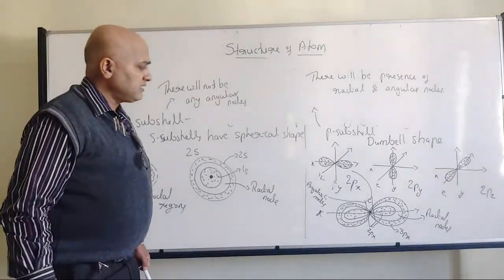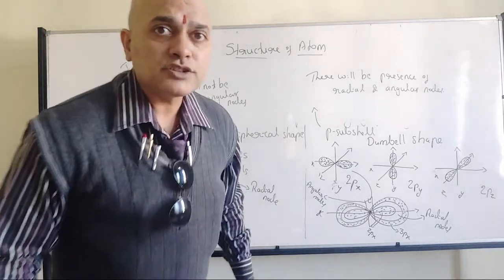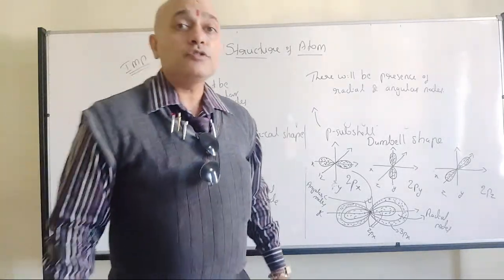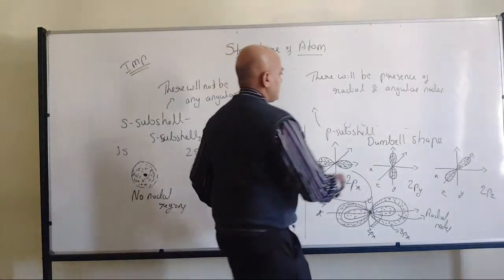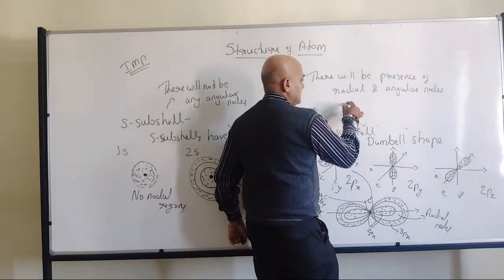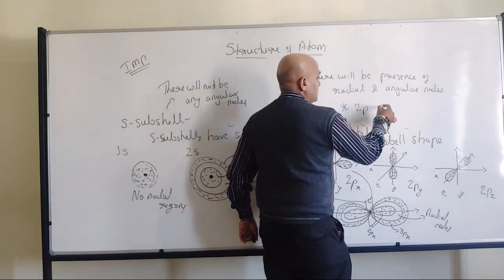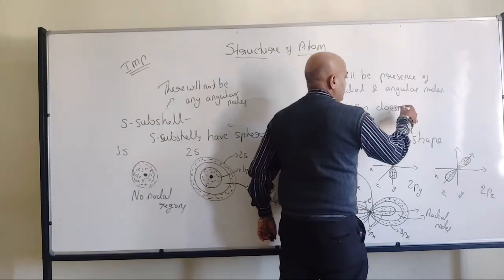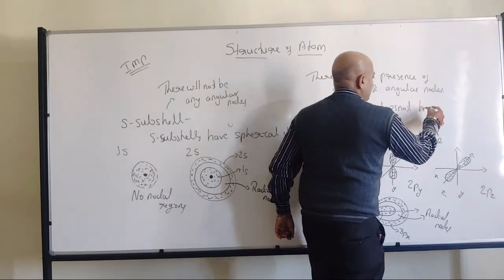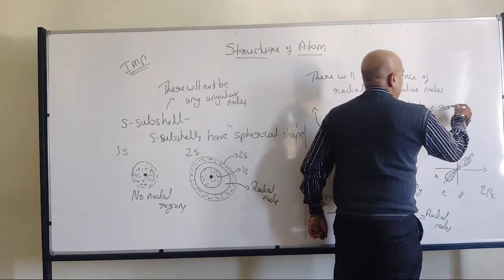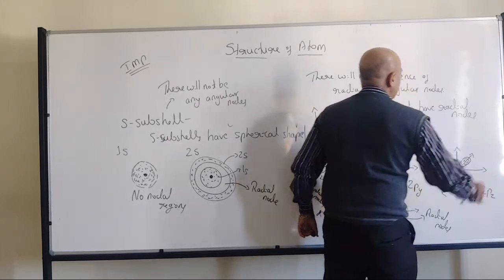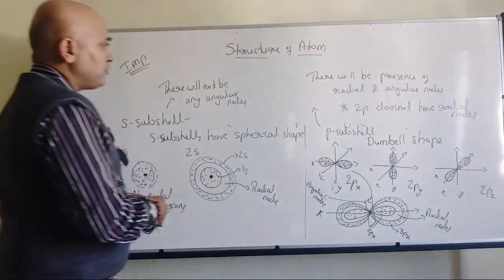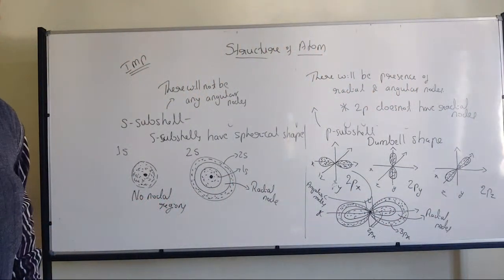Yes, when it comes to 2p, there is no question of radial nodes. So the exceptional case here is that 2p does not have radial nodes. It will have only angular nodes.